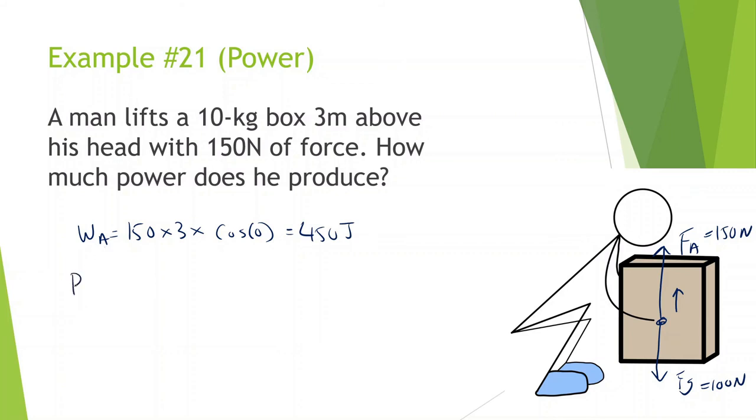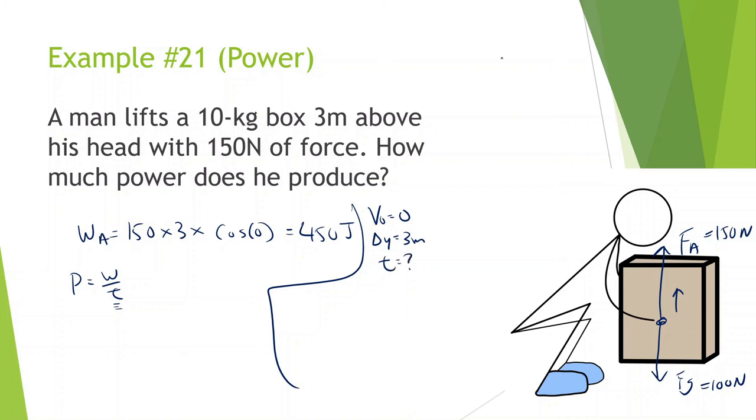Now I know that power is equal to work divided by time. However, we don't know what this time is right now. So we have to first figure out what that time is. We know he's going to lift with an initial velocity of 0. We know he's going to move it up in the y direction 3 meters, but we need one more piece of information before we can find time.